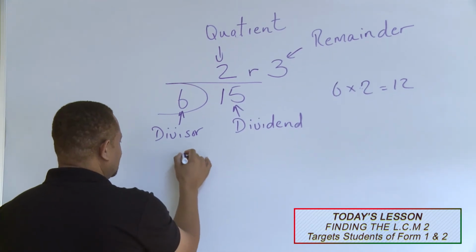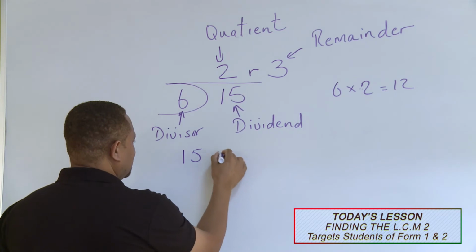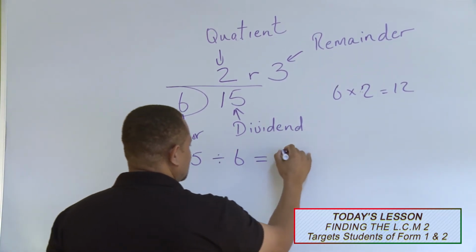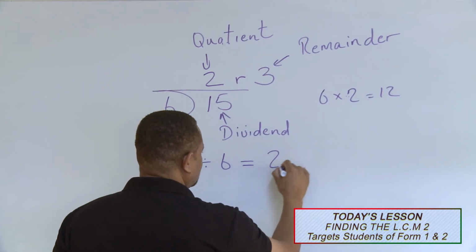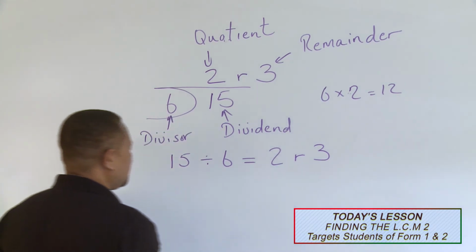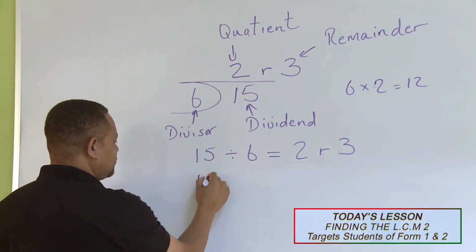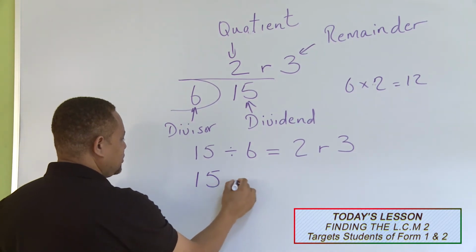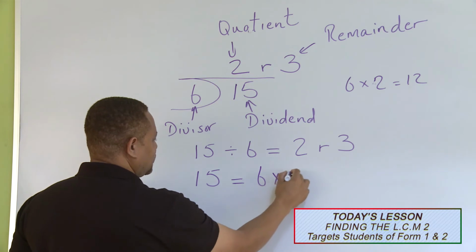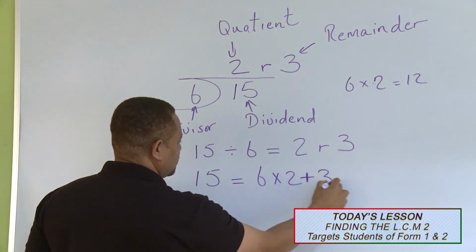So what we had initially, 15 divided by 6 is equal to 2, remainder 3. Now I can write the same using this formula: 15 is equal to 6 multiplied by 2 plus 3.